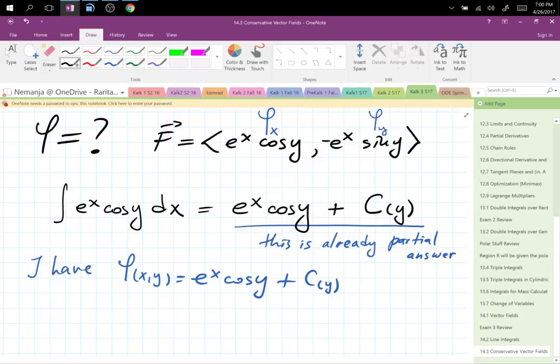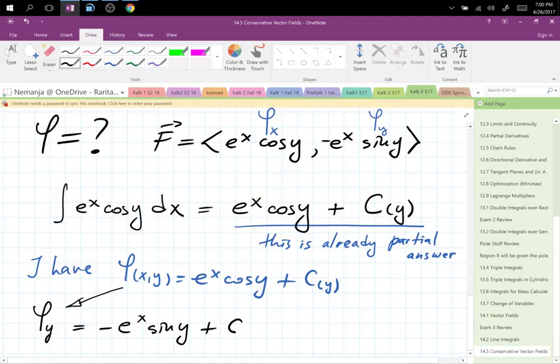It's so awesome. I'm like, oh God. So now phi y, differentiating this with respect to y, is going to be negative e to the x sine y plus c prime of y.